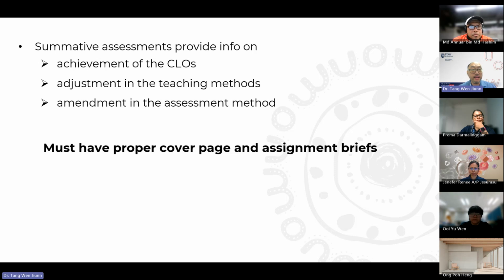And then the assessment methods, maybe the questions were too difficult, you can think about it. Normally these things happen after the midterm or after the final. So for summative assessment, for our practice, it should have a proper cover page and assignment brief.